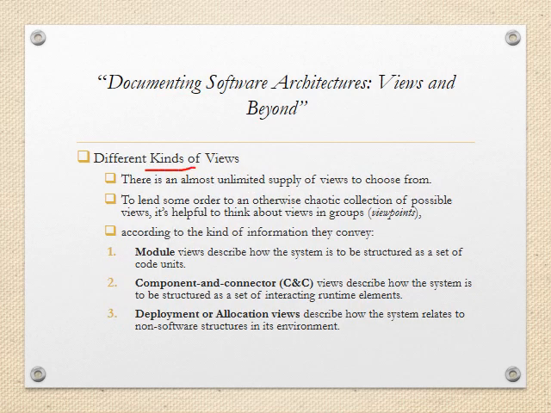Different kinds of views. There's an almost unlimited supply of views to choose from. To lend some order to an otherwise chaotic collection of possible views, it's helpful to think about views in groups. We call them viewpoints.